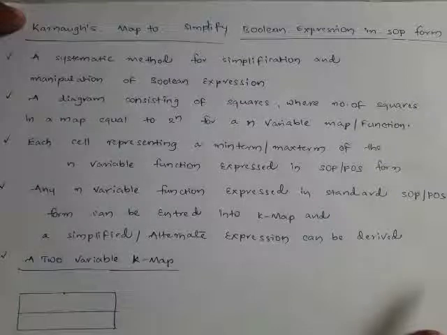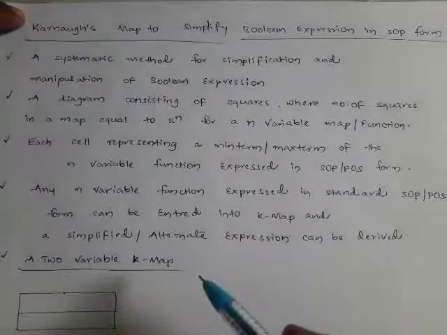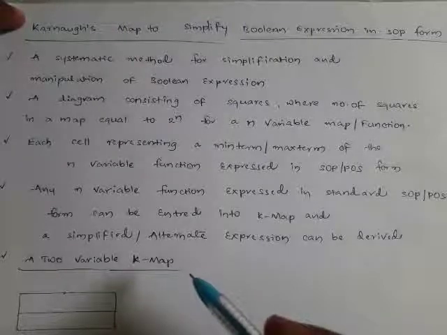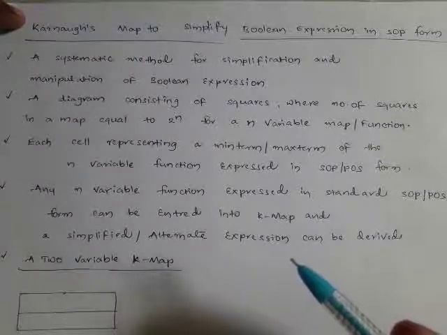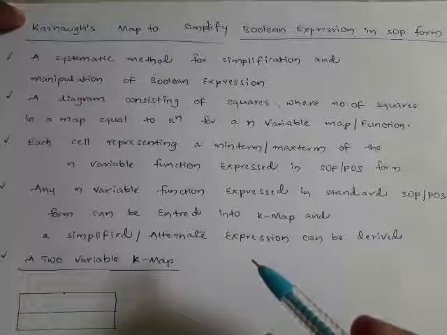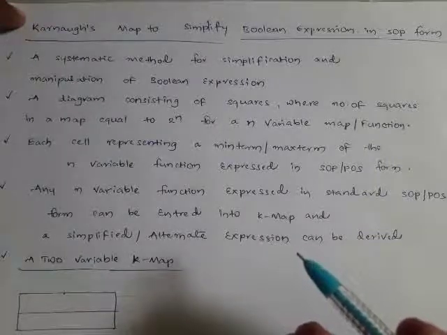When we want to simplify a Boolean expression given in the standard sum of products form, we treat each cell as representing a minterm of the n variable function. Similarly, when the Boolean expression is given in the standard product of sums form, each cell is treated as representing a general maxterm of the n variable function.